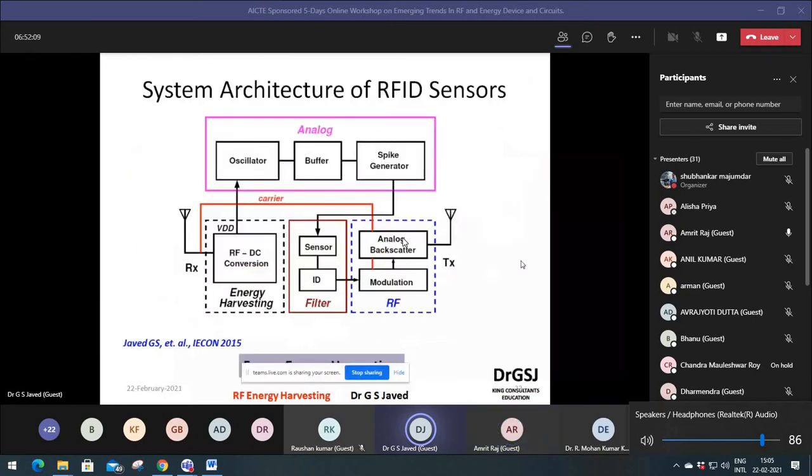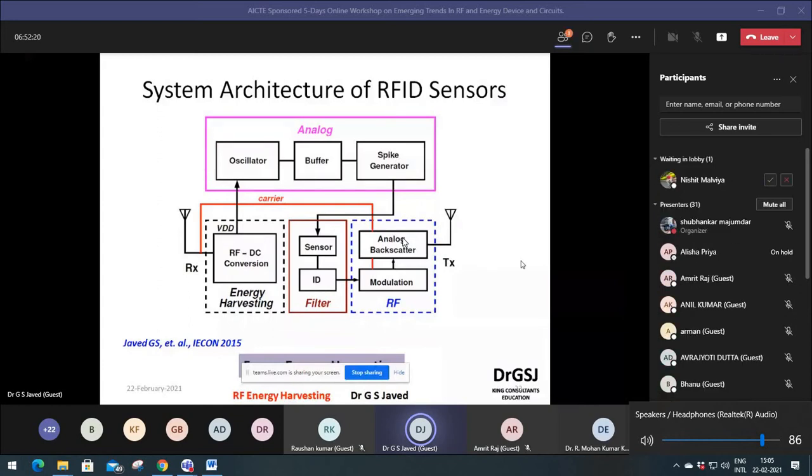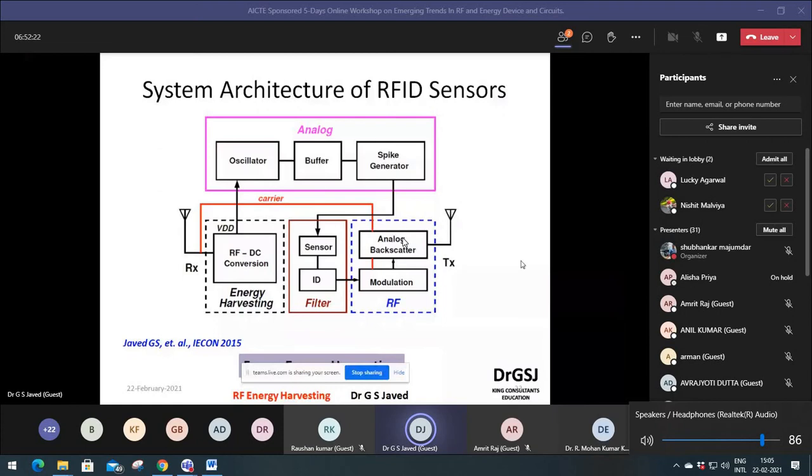A quick introduction about RFID measurement sensors and how it works. In these RFID sensors, we first decided on how to use RF energy harvesting, using an RF to DC conversion to generate the supply voltage, which is VDD.